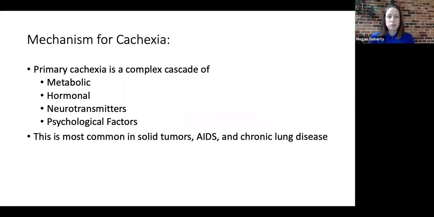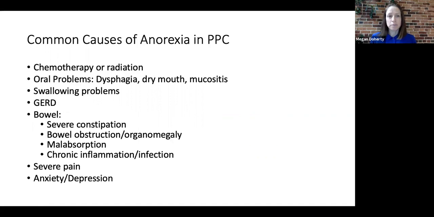This is sometimes referred to as primary cachexia, which involves this complex cascade, as you saw, of metabolic, hormonal, neurotransmitter, and physiological factors. And as we mentioned, this is most common in individuals with solid tumors, HIV/AIDS, and chronic lung disease. We do see it in children with similar underlying conditions.